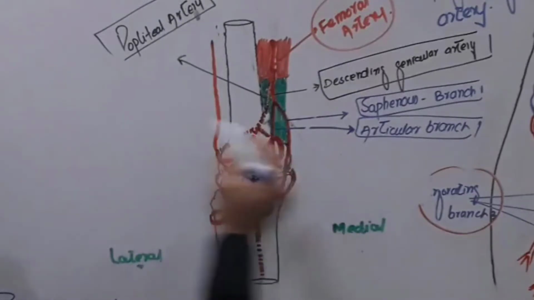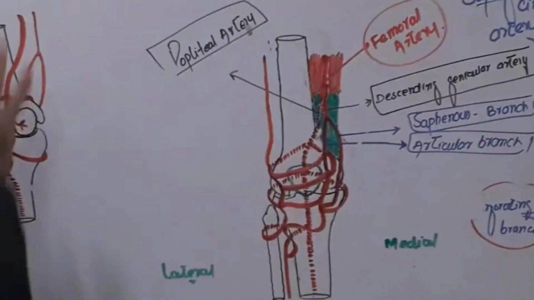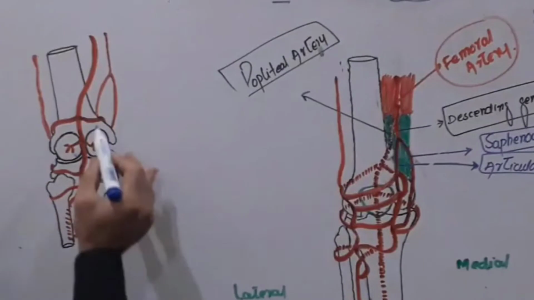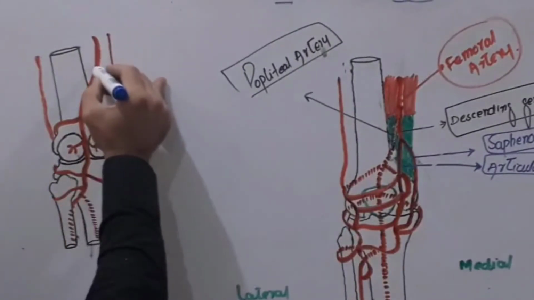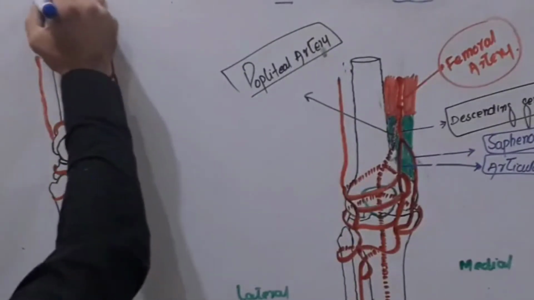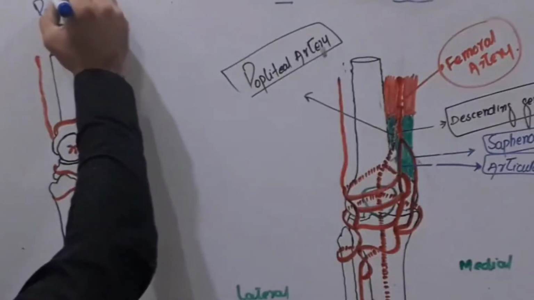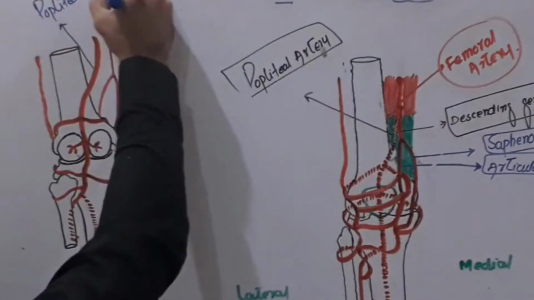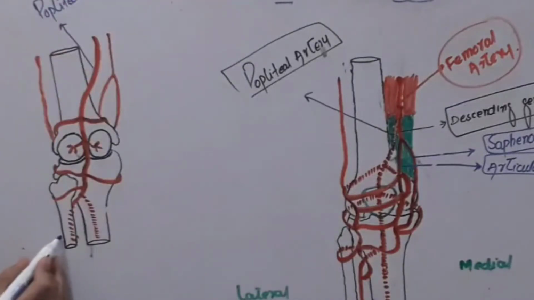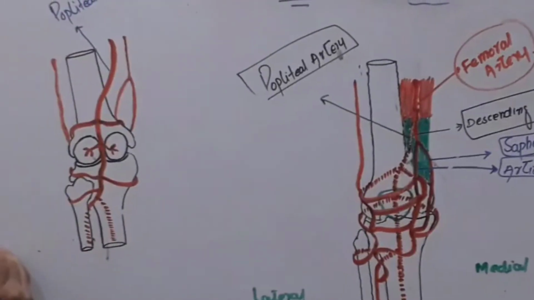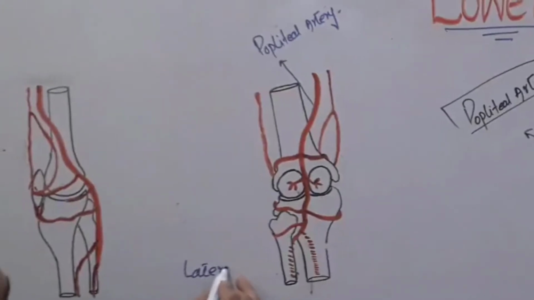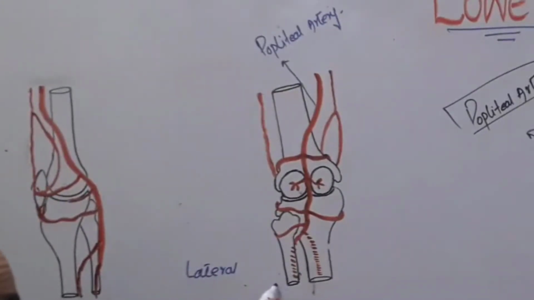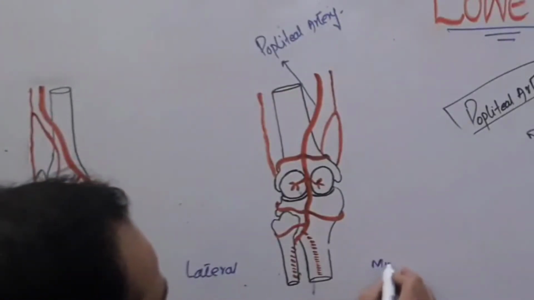Look at this artery here. Look, friends, this is the posterior view. In the posterior view, you can see this is our popliteal artery. This will be its lateral aspect, because the fibula is present laterally, and this will be its medial aspect.